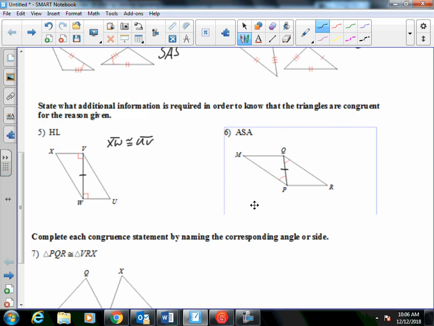So those will be identified as angle MQP, which would have to be congruent to angle RPQ. So we get this angle congruent to that angle.